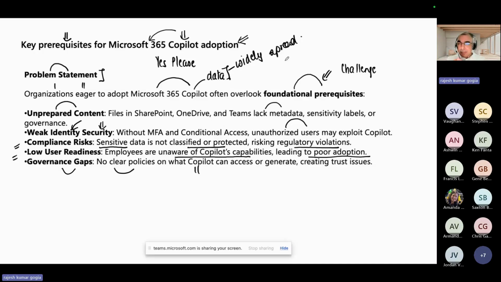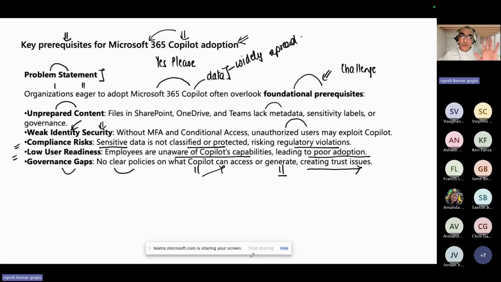The data is spread widely. So if the organization is facing a challenge where we don't have any clear policies on what kind of content Copilot can access, or what kind of responses are going to be generated, this is the biggest concern, which simply leads to trust issues.